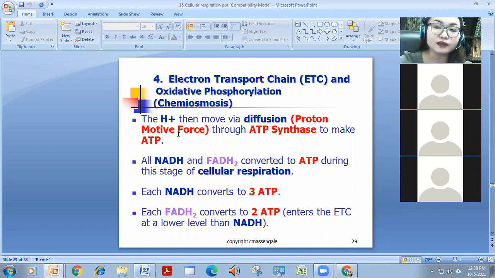If you remember the video presentation, the animation, this is what is actually being discussed there. All the NADH and FADH2 are converted to ATP during this stage of cellular respiration.